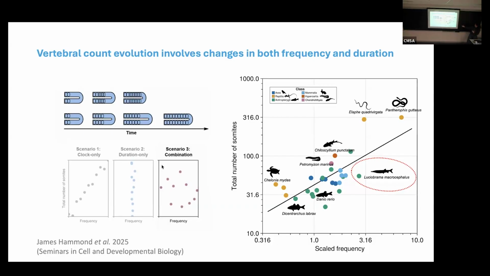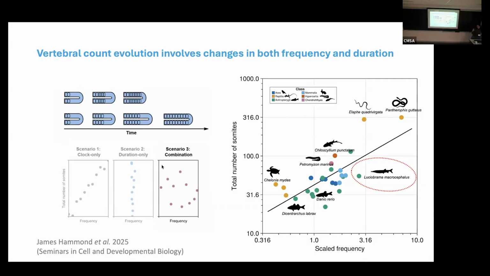So all of this just to point out that frequency evolves and is a major player, but that duration is also a very important player, perhaps somewhat overlooked in that respect, but still a very major player.